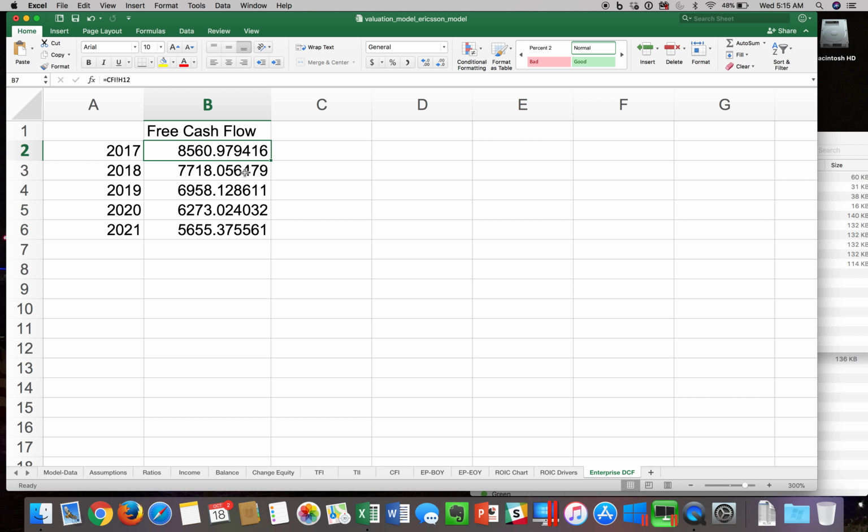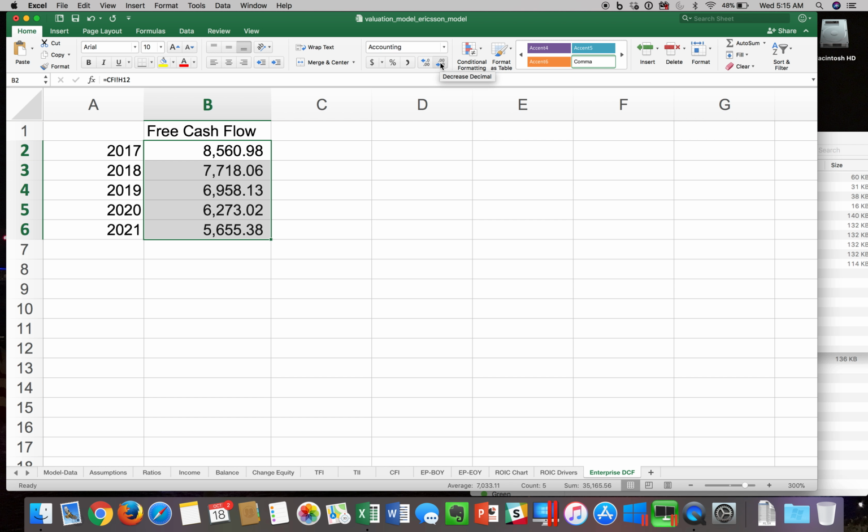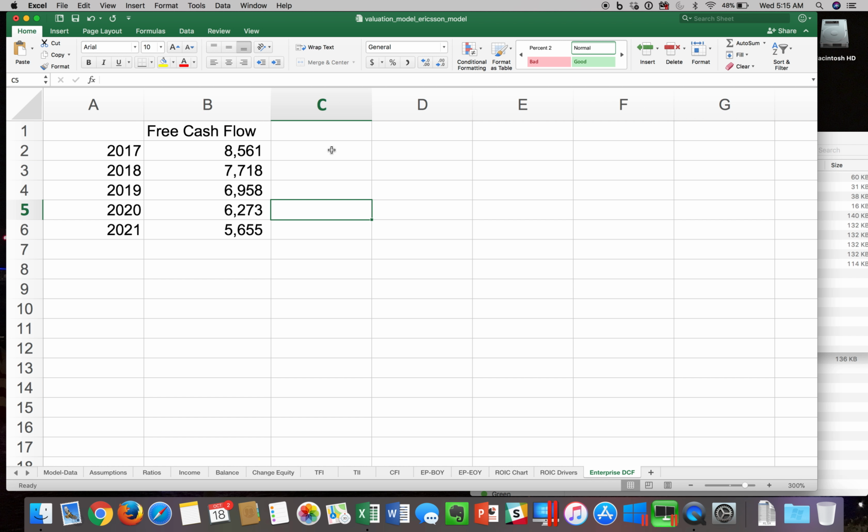Okay. So I'll just format this down to no decimal places to make it easier to see. All right. So what we next need to do is present value these free cash flows. I'm going to do that by adding the concept of a discount factor.